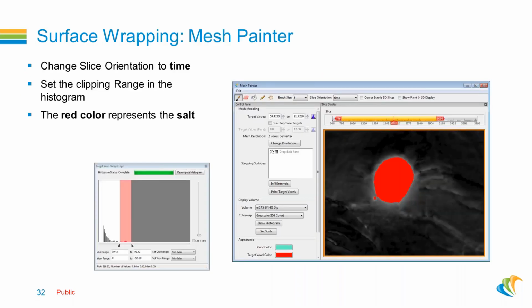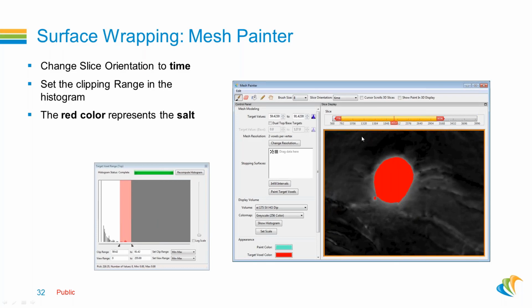What we are using is the surface wrapping technique, and one of the tools that we have is the mesh painter. In here we have the display in time orientation. The volume that is displaying here is the horizon orientation, and with the kind of color bar that we have, the salt body is represented by the red color in here.